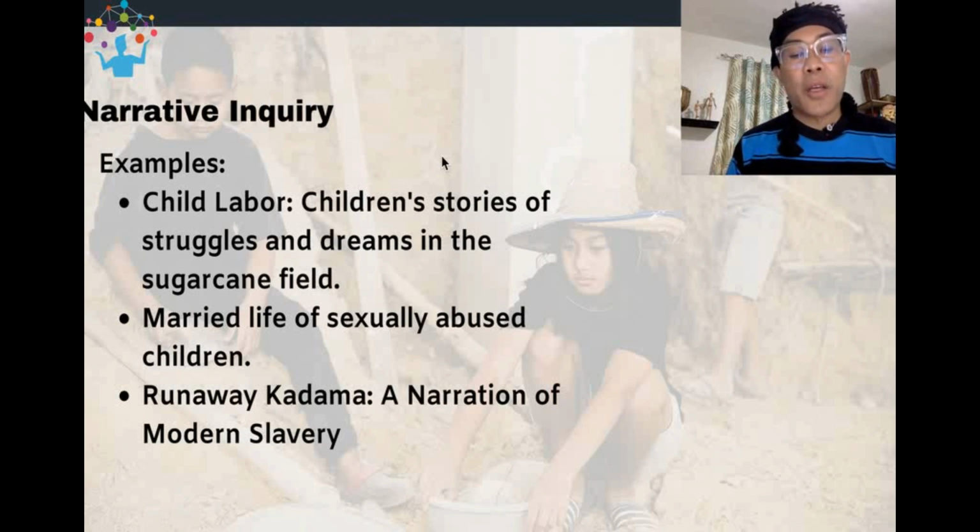I also have a study on this that I have not published yet: the runaway kadama. Do you know what a kadama is? It is an Arabic word for slave. I have collected the narratives because, as I told you before, I volunteered in the embassy. I will not mention the embassy anymore.